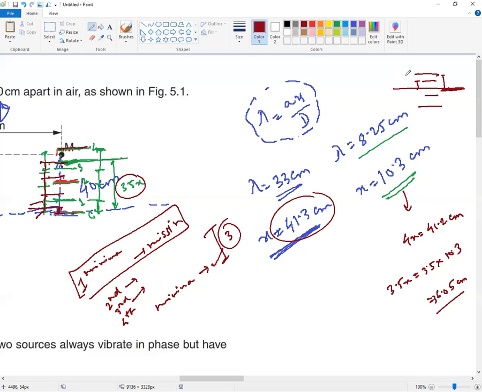So sir, we are basically using the central maximum as a reference point, and because we know where another maxima will be, we are just using the two values, finding the ratio at which the number of maximas will be there, and from that number of maximas we are calculating the number of minimas. Right sir?